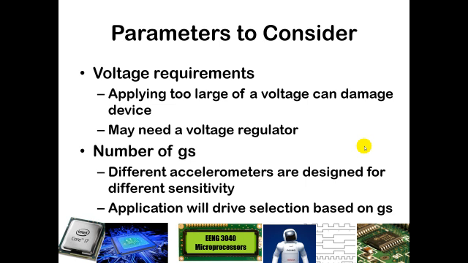What we need to consider when we're interfacing an accelerometer are the voltage requirements. We need to understand what voltages will be output from the accelerometer and what voltages are necessary to drive the accelerometer. The accelerometers that we are going to use in this class rely on a controlled voltage range. They can take in a variety of voltages, but putting in too much could actually damage the accelerometer.